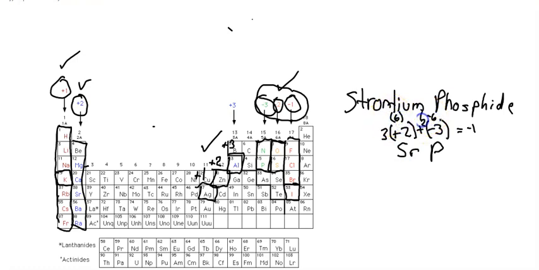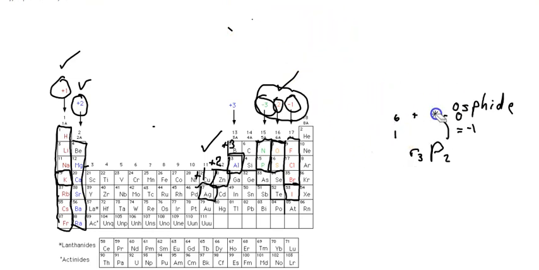And if we add those together, then we get 0. Okay? So that means for our strontium, we have 3 strontiums, and we have 2 phosphoruses, and there's our answer to our formula. Sr3P2.